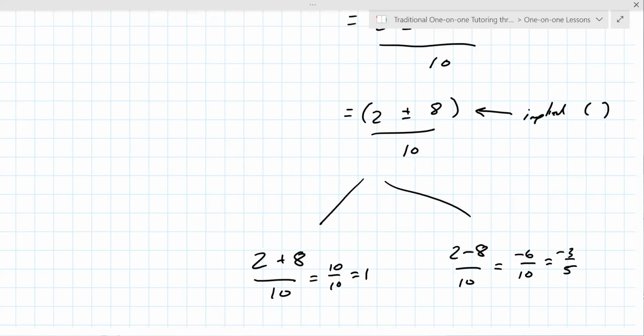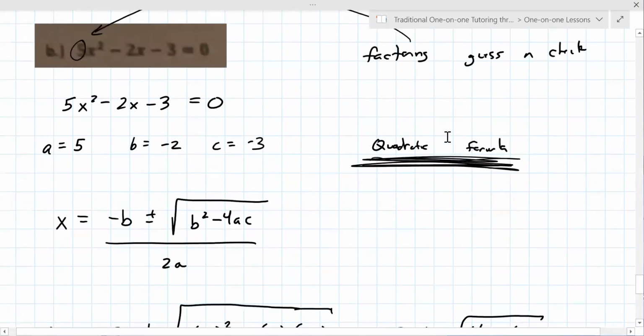The 3 problems we did from your assignment, A, B, and D, can all be done by the quadratic formula, but it wasn't designed that way. I believe A was the one you were only supposed to do the quadratic formula on. B, like I mentioned, could be factoring, guess and check.